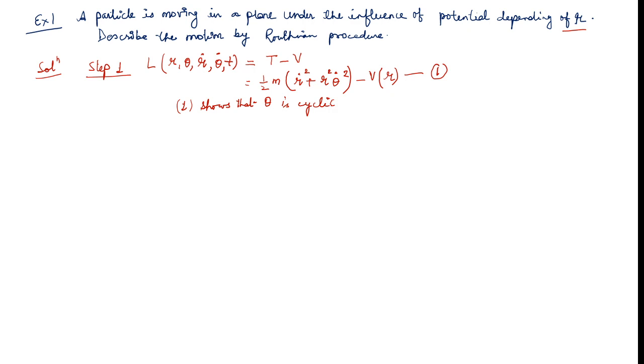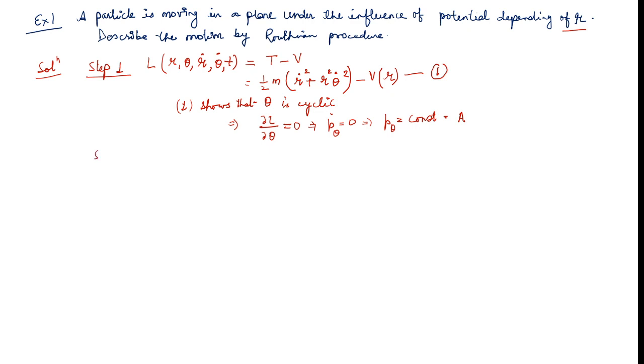If theta is cyclic, this means that L is not depending upon theta, so ∂L/∂θ is 0, and this simply means that p theta dot is 0, or p theta is constant. Let this constant be a. So you have found what your p theta is.